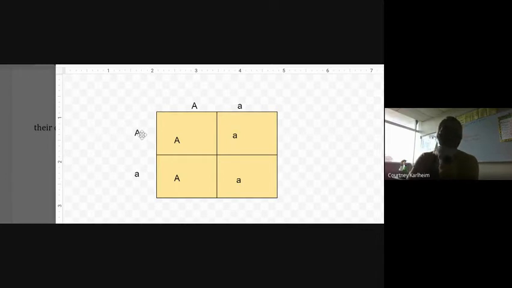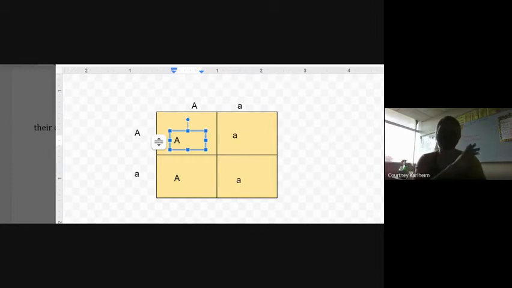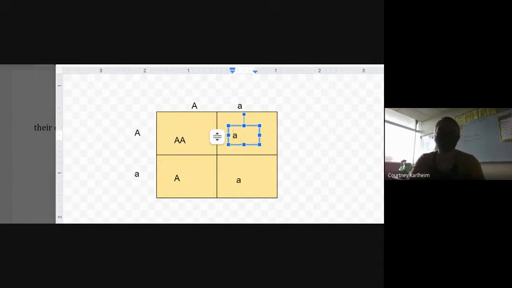And then I move to the next one. So I go to the side second. So this capital A gets brought across. Like I said, the only rule is that capital A's get written first, so just put it before the little a.